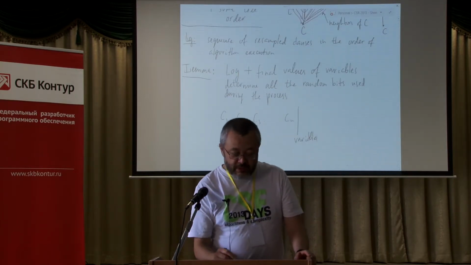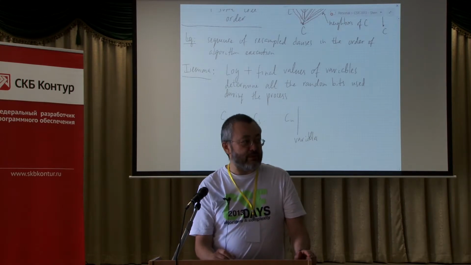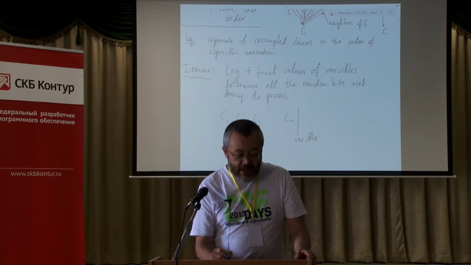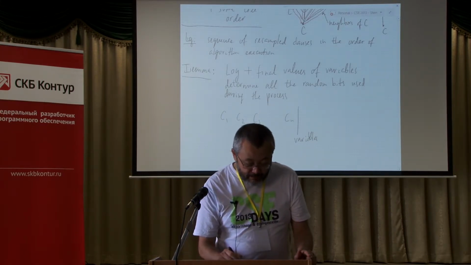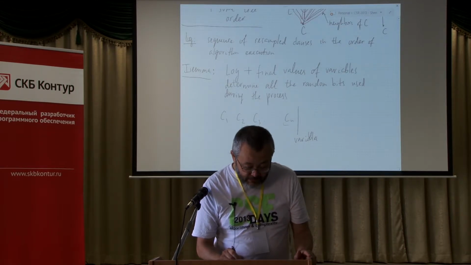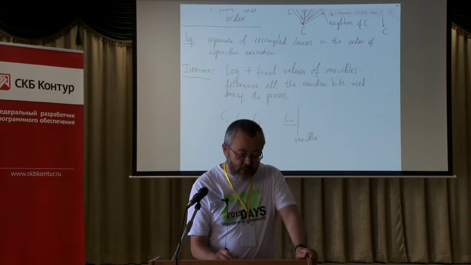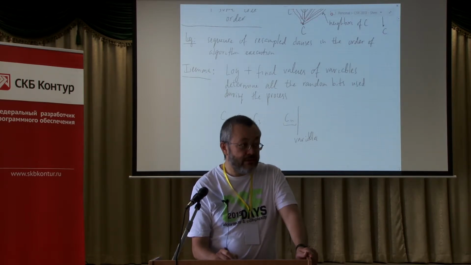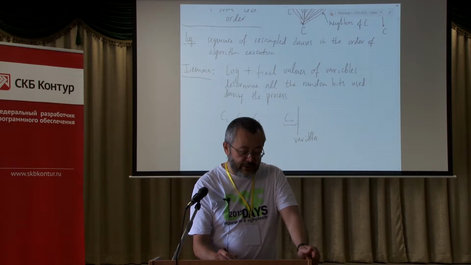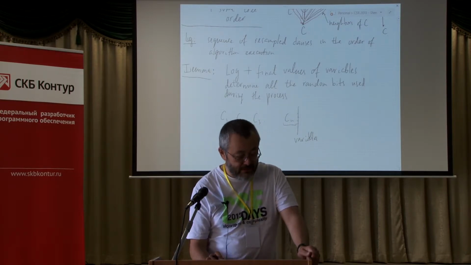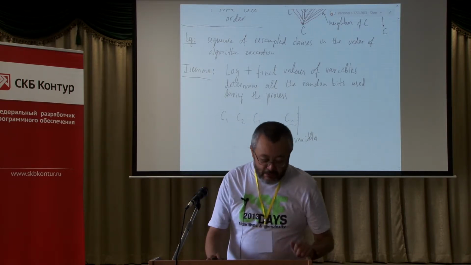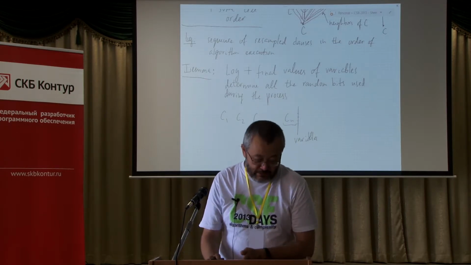So we know the variables after all the resamplings. For example, we know what the variables in the clause Cn are, because they are just in the final variables. So we know the variables in Cn after this step.